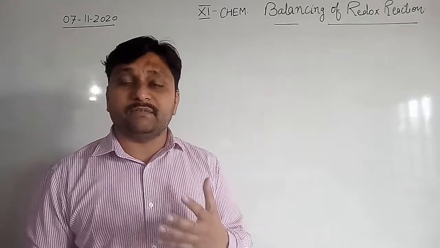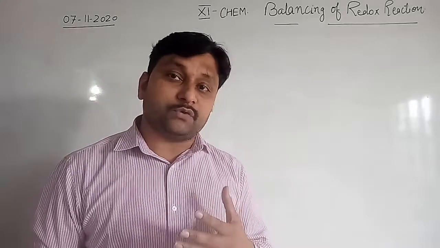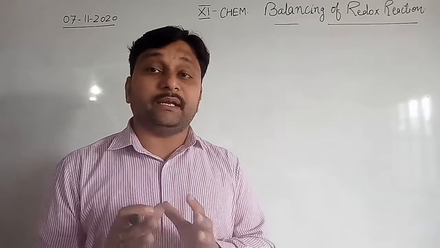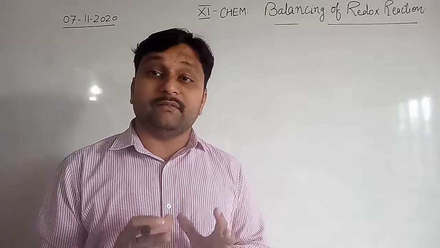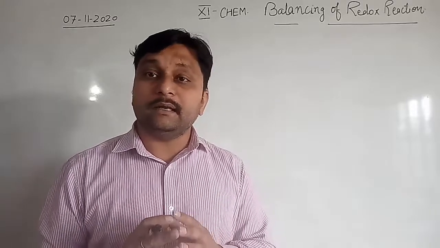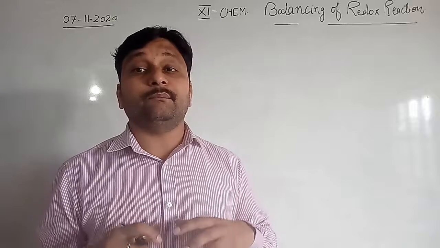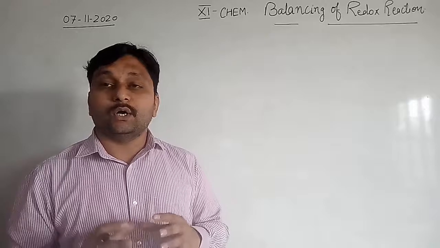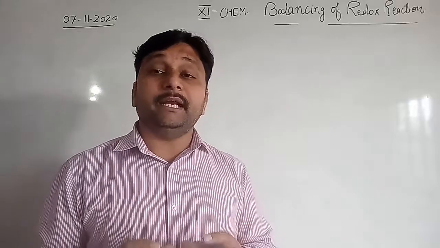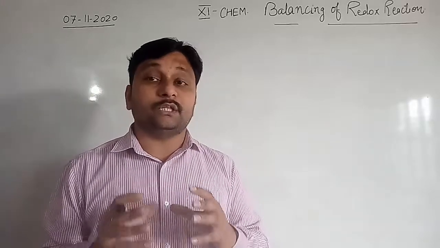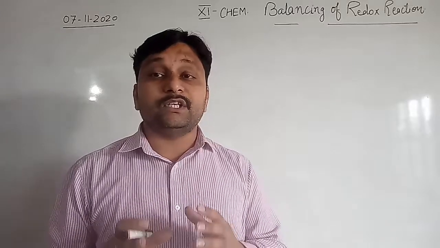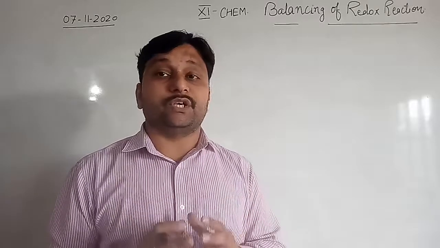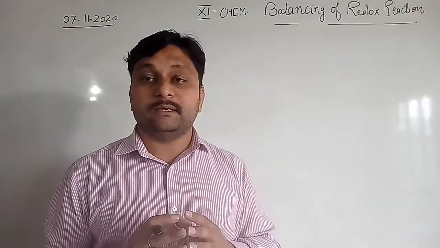If the reaction is given in the molecular phase, first of all we convert it into ionic phase, meaning each and every compound is first converted into the ionic phase. After conversion from molecular to ionic phase, first of all we eliminate all those cations or anions which are common on both sides, which have the same oxidation number and the same charge.